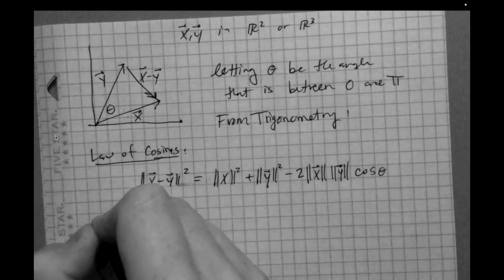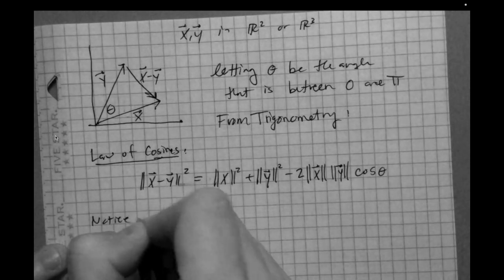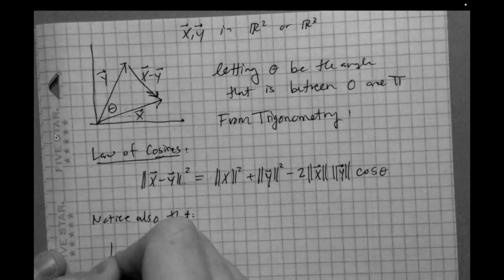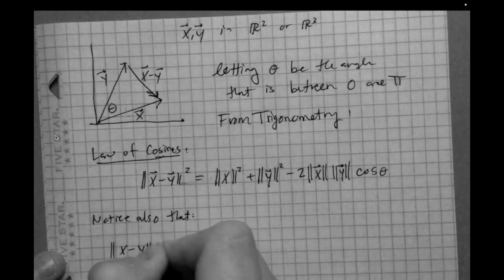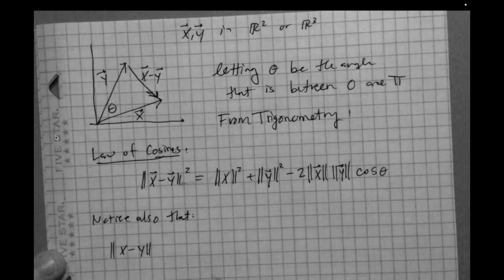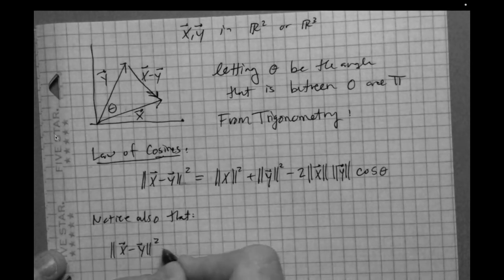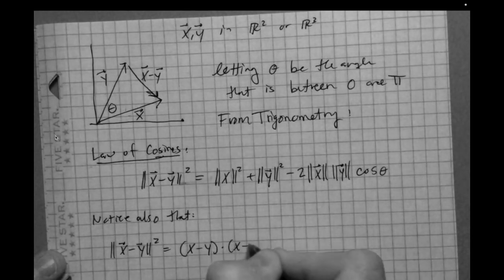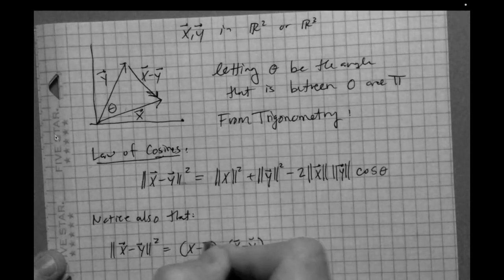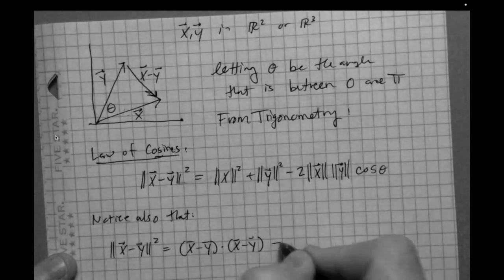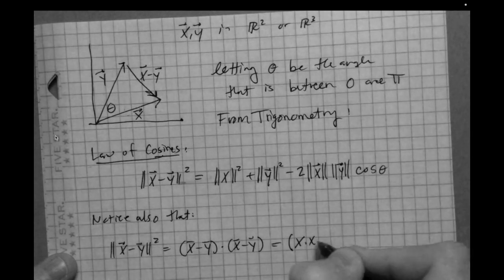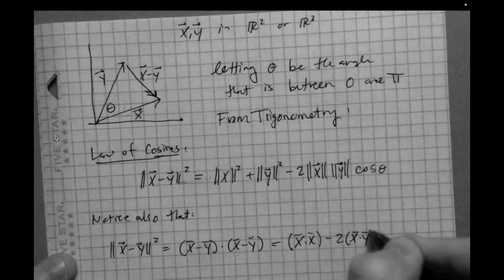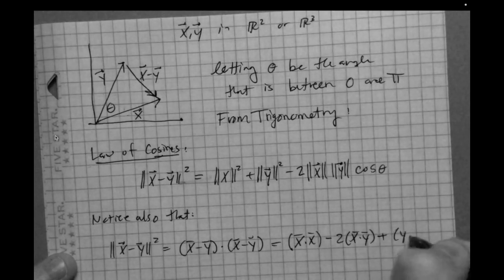But then we also have something that we've just discussed. We know that the norm of x minus y, this length here, if we square it, is equal to x minus y dot x minus y. Which we know is x dot x minus 2 times x dot y plus y dot y.